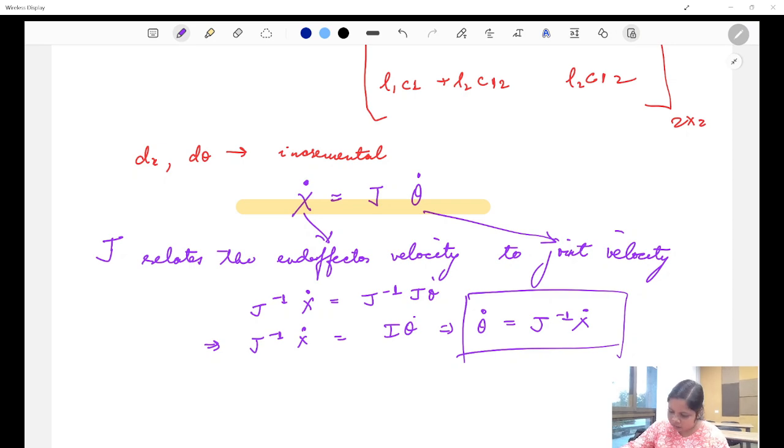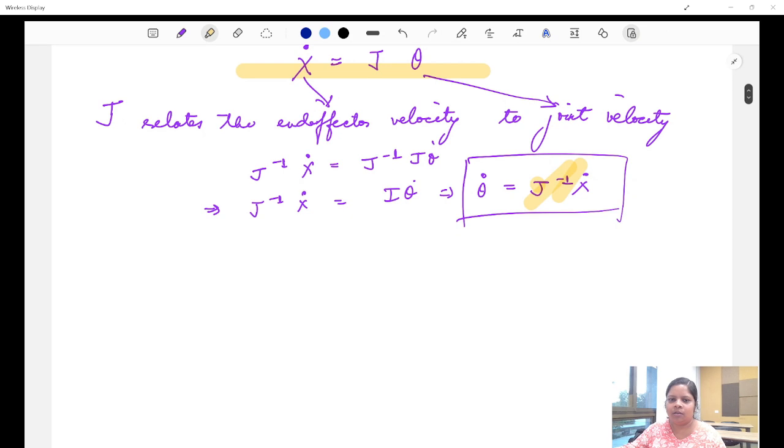Now, since we are taking an inverse, this becomes really important because when you are taking an inverse of a matrix, first of all, do you know any way in which you can take the inverse of a non-square matrix? Any idea?